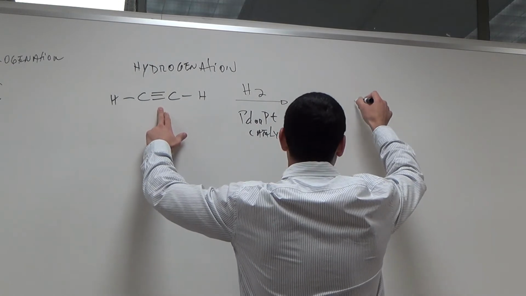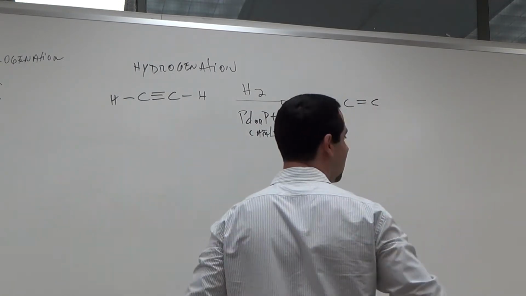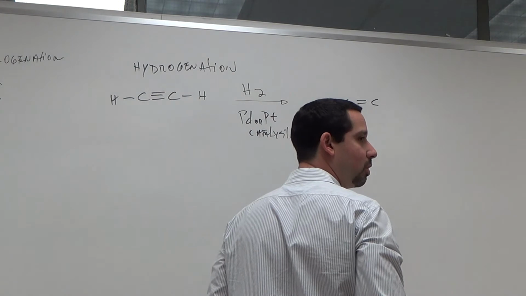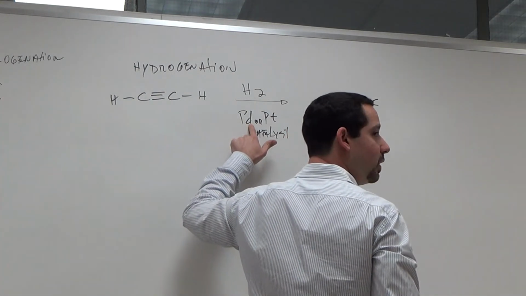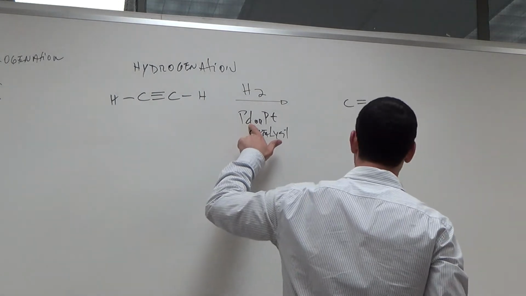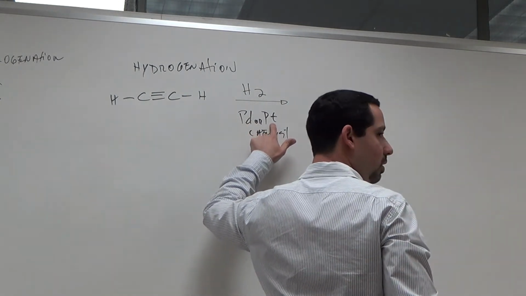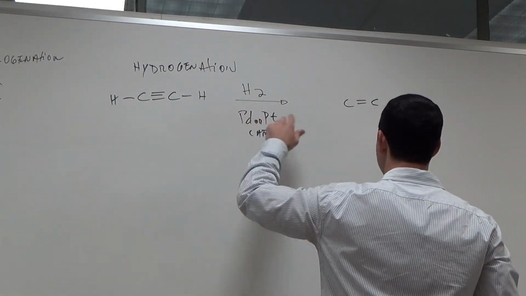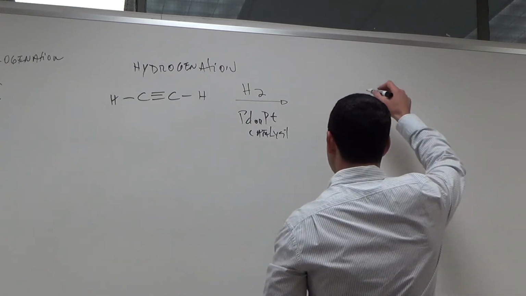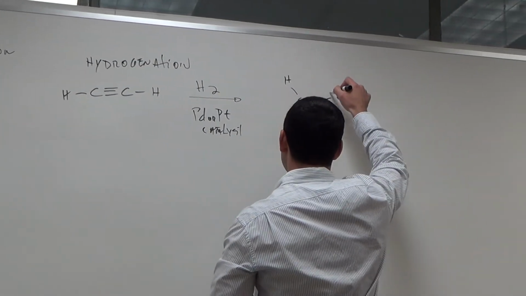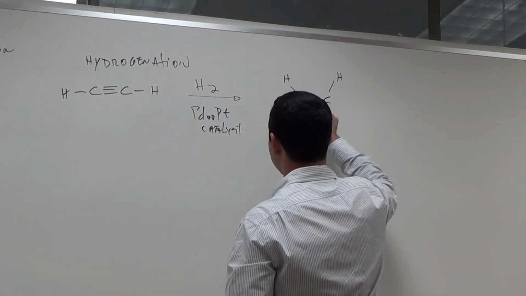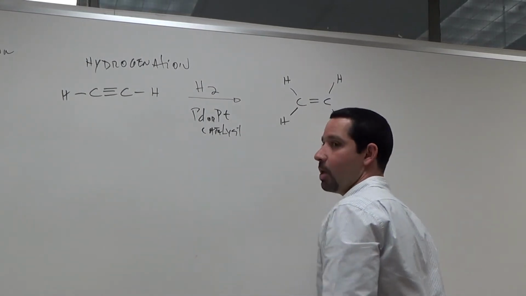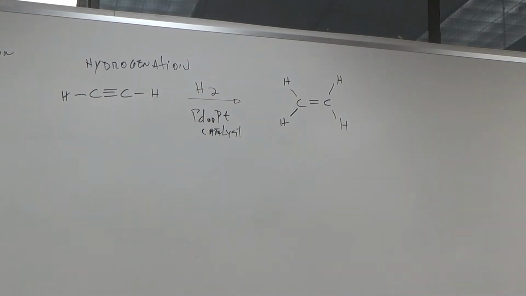Is that lead or Pt? Palladium and platinum. This is platinum and this is palladium. Okay. Guys, so the first part that happens is you form an alkene, okay?